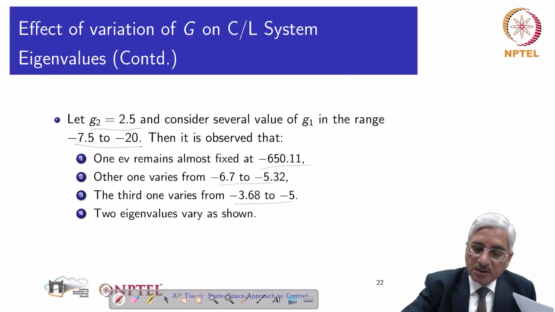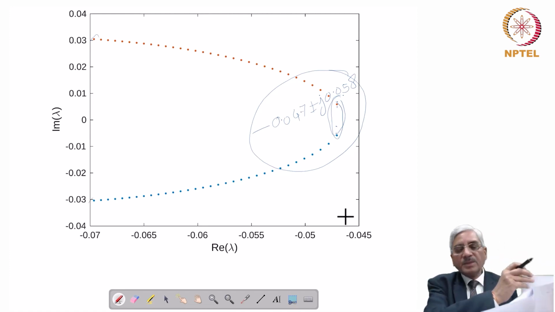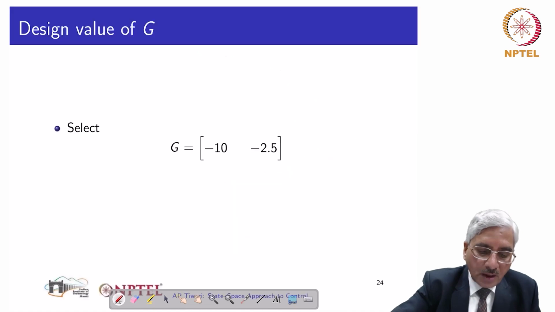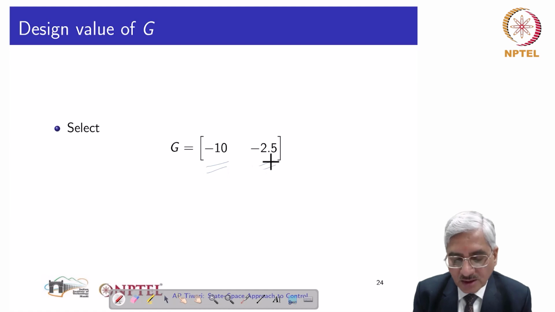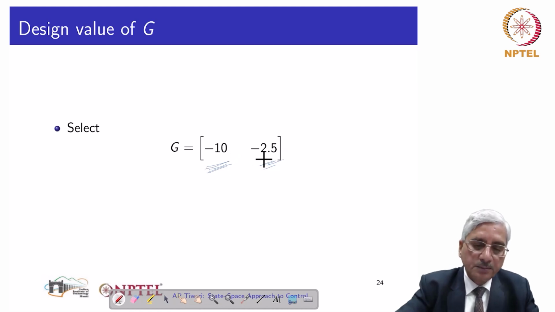In all the combinations we see that they are of the order of 0.045 or around that, meaning that we can select a G1 and G2 like this, minus 10 and minus 2.5. I don't say that this is the best design. Nevertheless, based on those characteristics of roots, we select this one for further time response analysis of the system.